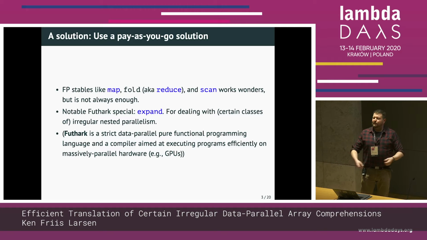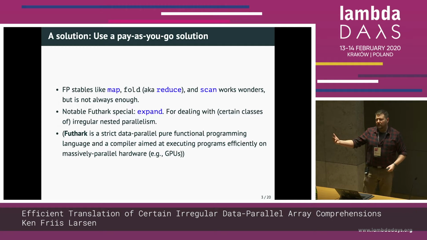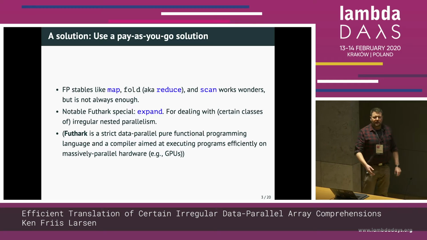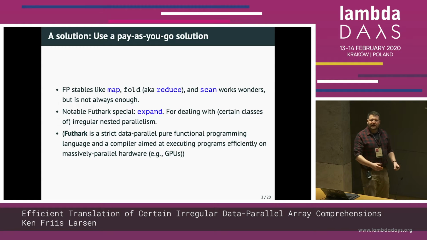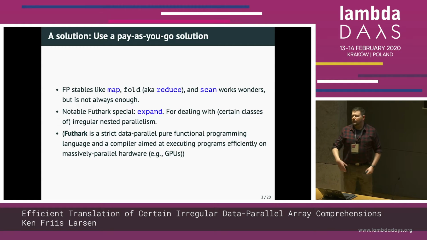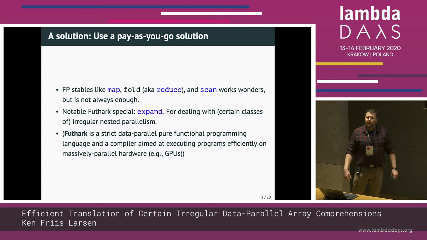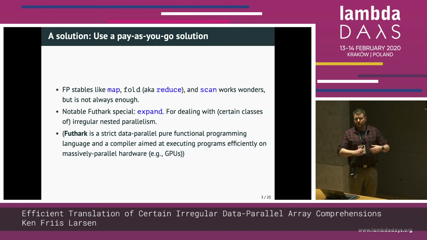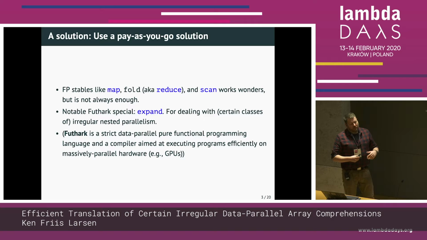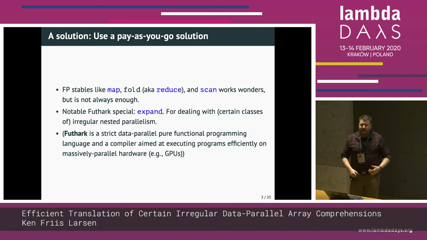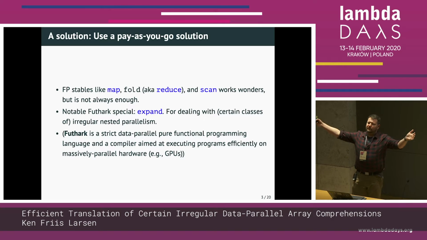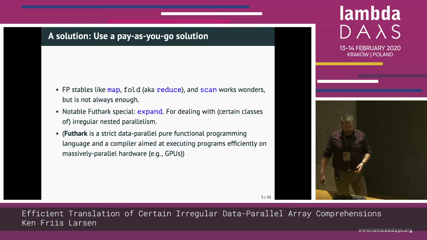They're really great for saying, I have this large collection, also known as a nested array, I have a lot of data, and I want to map this function over it, or I want to reduce it to make it smaller, or filter it, or what have you. These stable functions that we see everywhere are good for keeping the data constant. They're not that natural if you have a problem with a few parameters, and then you unfold it or expand it to a large one.